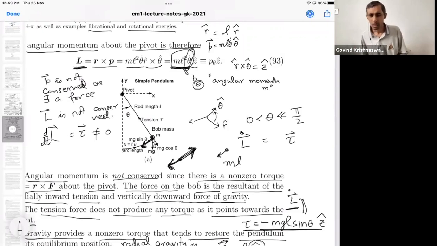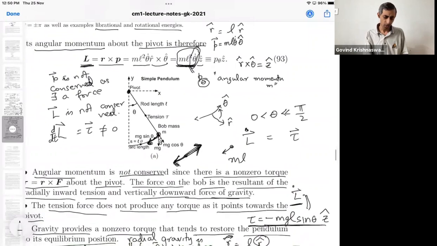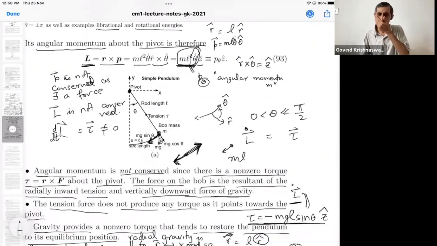Who was that? Shakti Chauhan? Yes, you're right. It has to do with the acceleration. So I think I have done two things: I have confused you, then tried to unconfuse you a little bit, and then left you to do it in the homework.